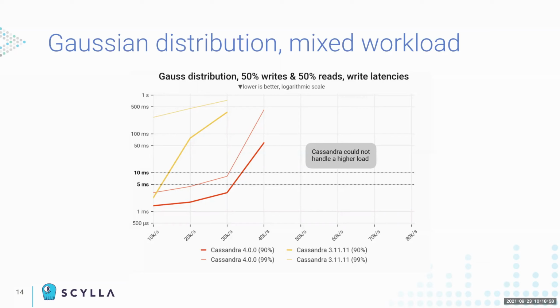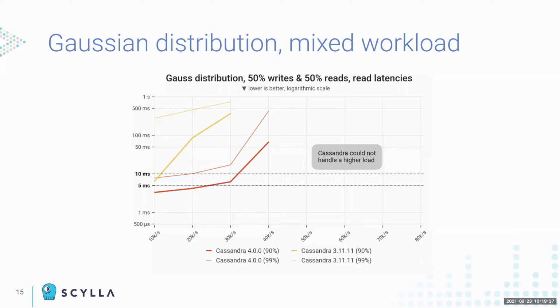And even the 90 percentile latencies are getting above 100 milliseconds. But if you look at the Cassandra 4 numbers, for a great portion of this graph, they are below 10 milliseconds. One thing to mention: this graph is in logarithmic scale, because if we wanted to show it in linear scale, you wouldn't see the Cassandra 4 numbers. They are so much better than Cassandra 3.